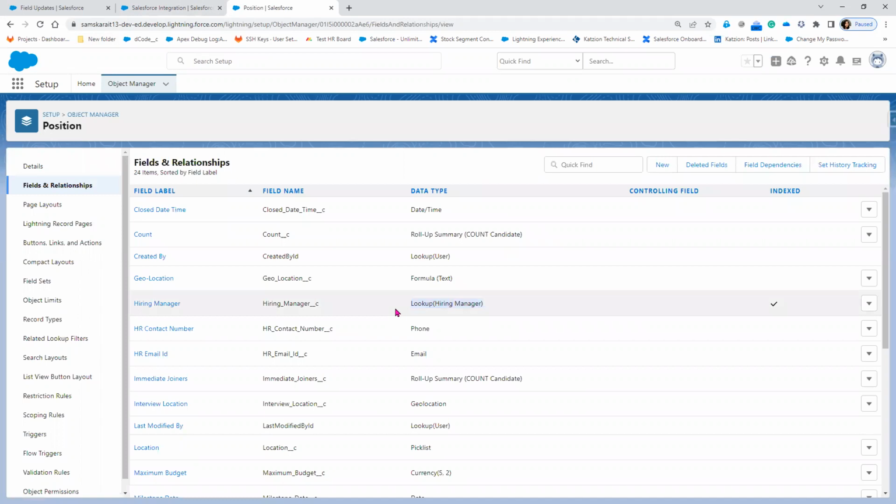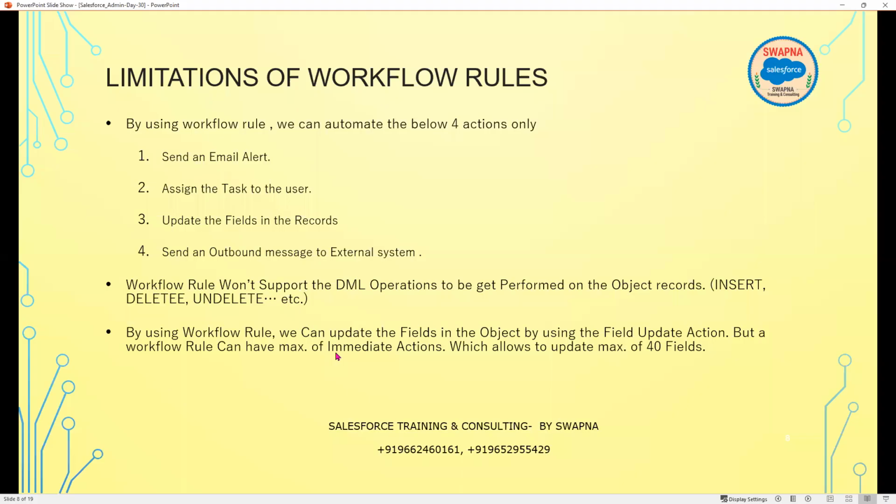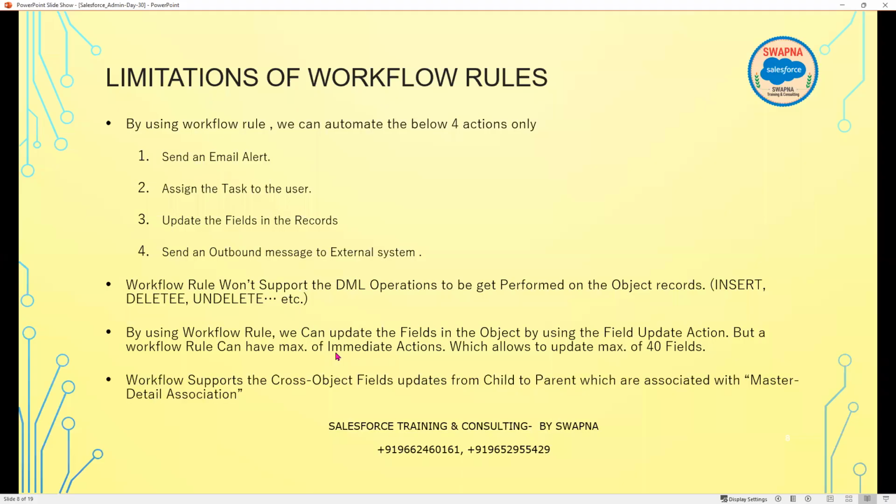If it is a lookup relationship, it will not support cross object field updates. Workflow supports cross object updates from the child to the parent only when they are associated with a master detail relationship. If you have a lookup, it does not.